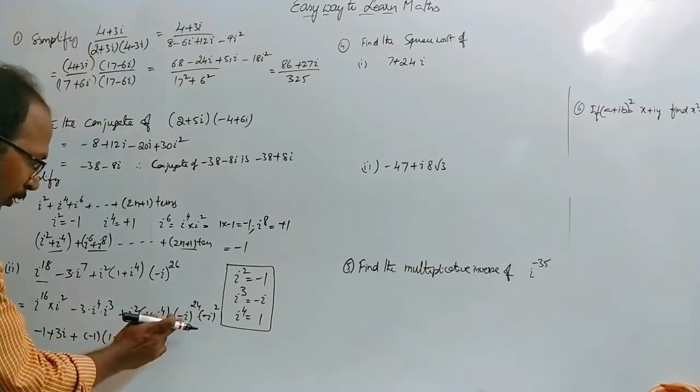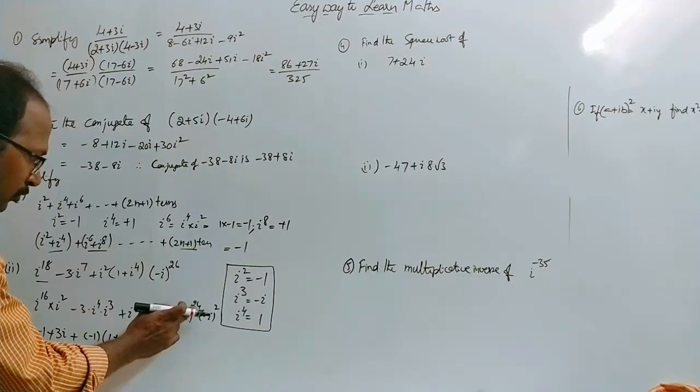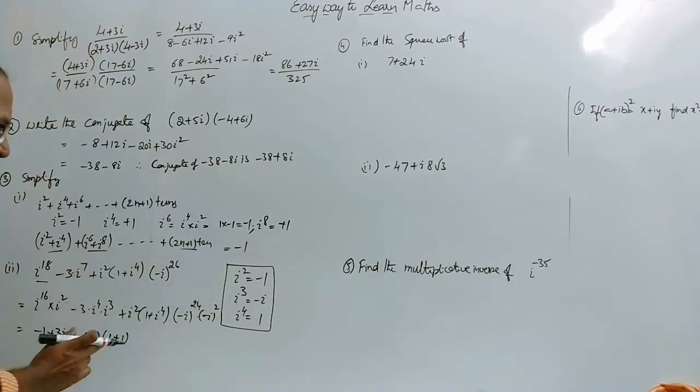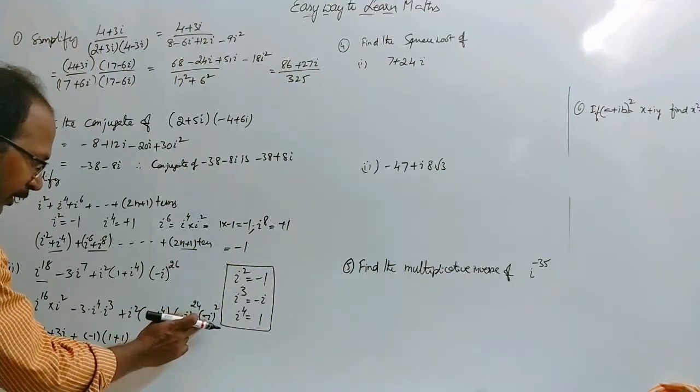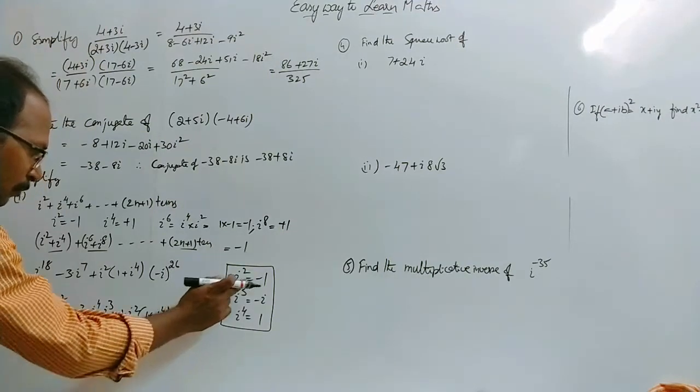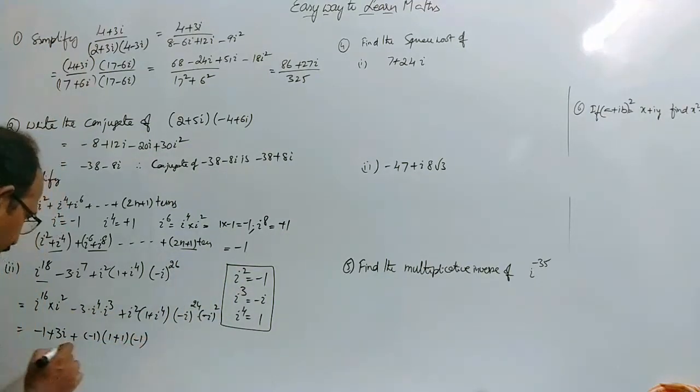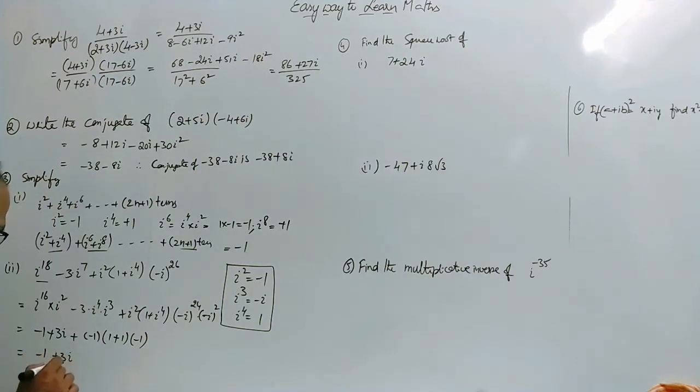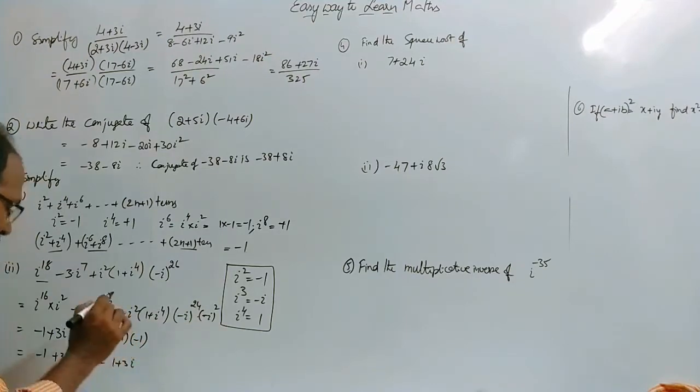And here also minus, power 4 into 6, therefore it becomes 1. Here minus i squared is also equal to minus 1 into minus 1. Therefore that is equal to minus 1 plus 3i. Here minus into minus is plus 1, plus 1 is 2. Therefore that is equal to simply 2 minus 1, 1, that is 1 plus 3i.